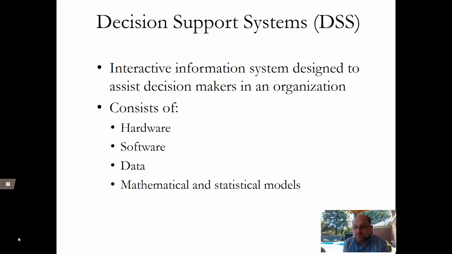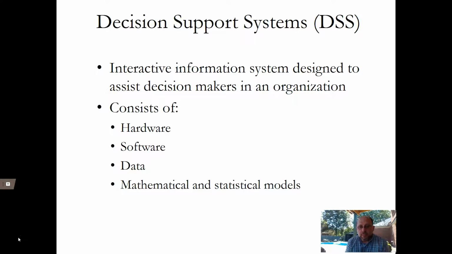And these systems tend to be interactive, designed with the decision maker in focus, and consist of a number of components that we mentioned throughout this course. As with any other computer information system, we're talking about a hardware component, so the physical component, and the software, which are the programs that govern the operation.